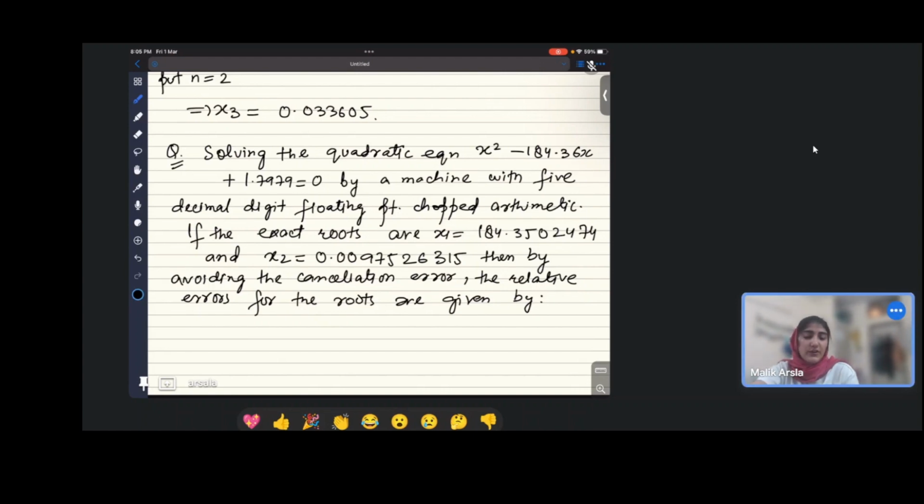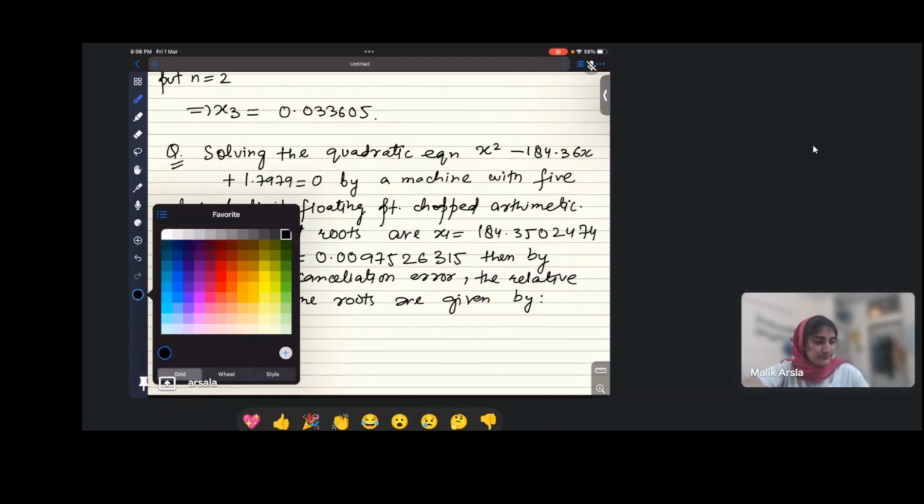The relative error formula you have been given: x1 star minus x1 upon x1 will be the relative error in the first root, and in the second root the relative error will be x2 star minus x2 upon x2, where x2 is the original root and x2 star is the chopped arithmetic root you are getting from the machine. So quickly do this and tell me what you are getting before we discuss.